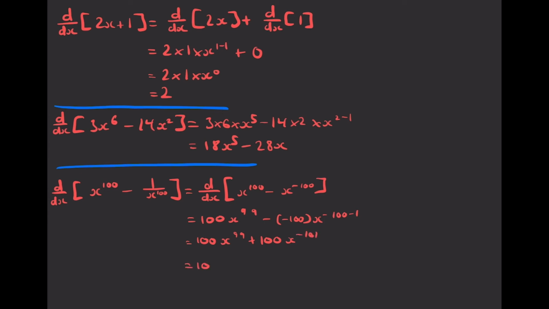So this will simplify to 100 over x to the power of 101, because we know that x to the power of negative n is equal to 1 over x to the power of n.